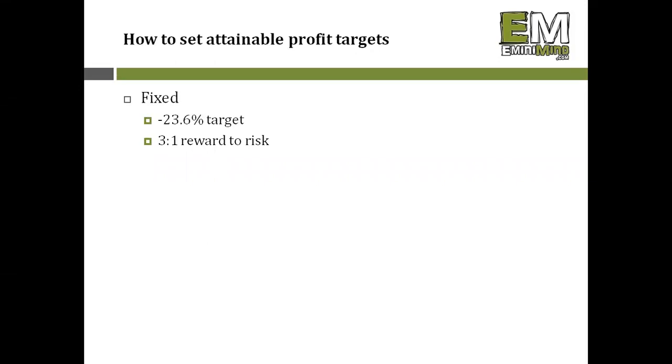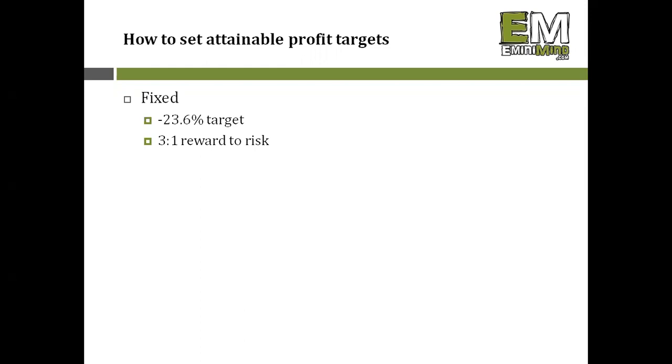So you could have a smaller first target of, say, the size of your stop. If you're using a 3-point stop and you want to have a 3-point target on one of the first of the 3 contracts to reduce some of that risk, that's about the smallest I would go for a first target, the 1-to-1 with the size of my stop.